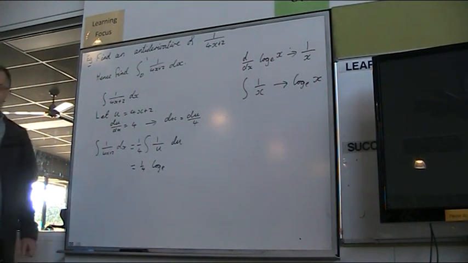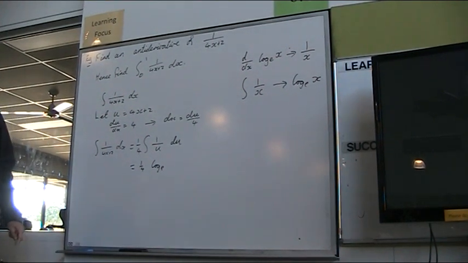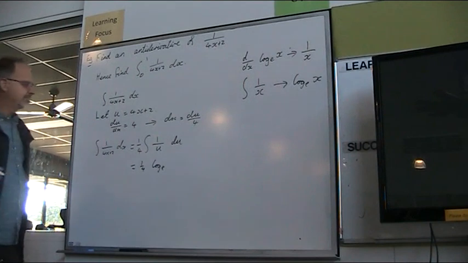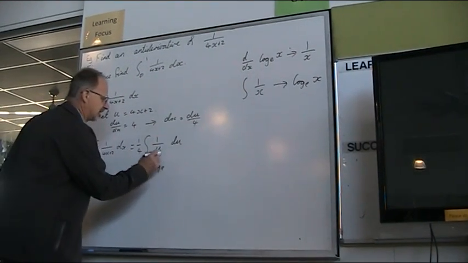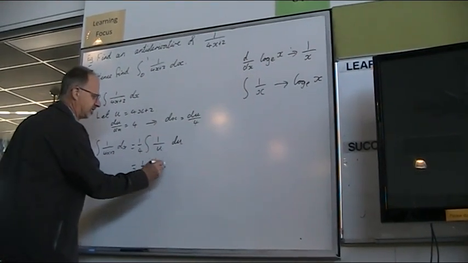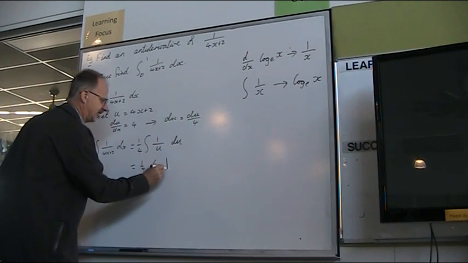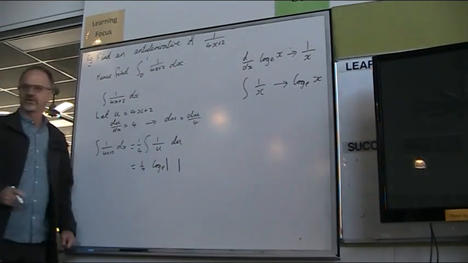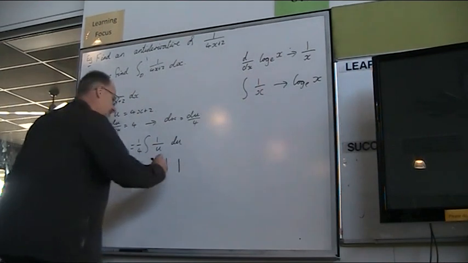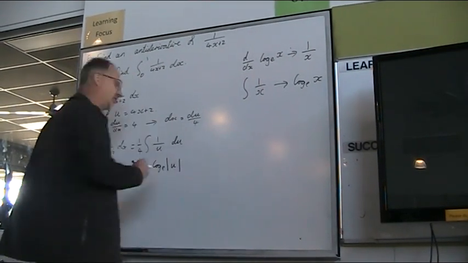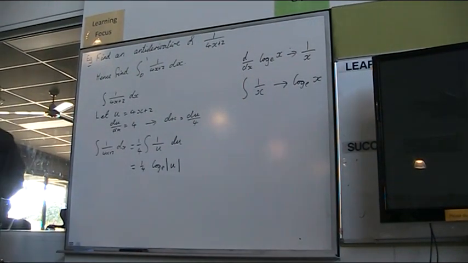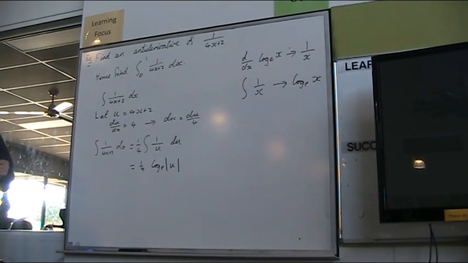It can't be negative. So, because this u can't be negative, when we're anti-differentiating, we use modulus signs. So we say the modulus of u, which just means ignore any negatives.